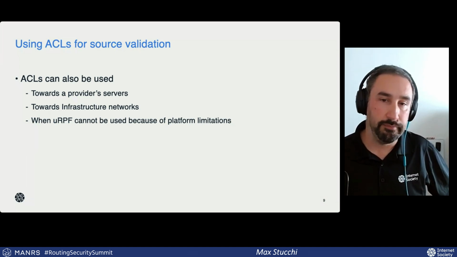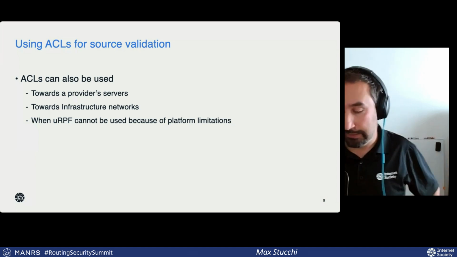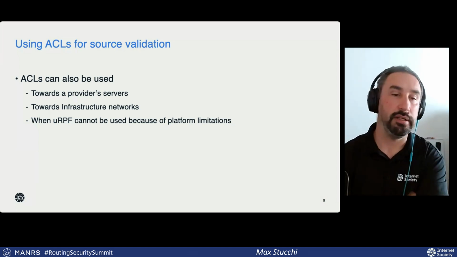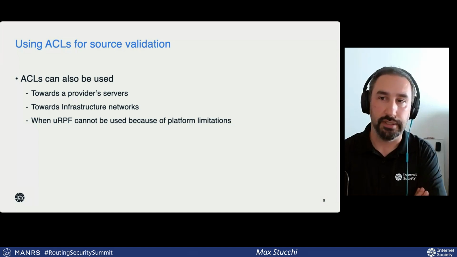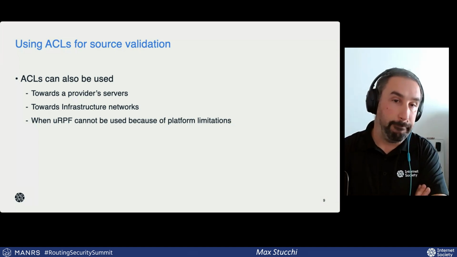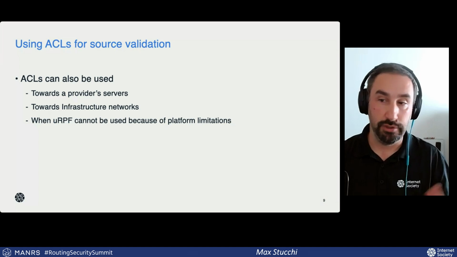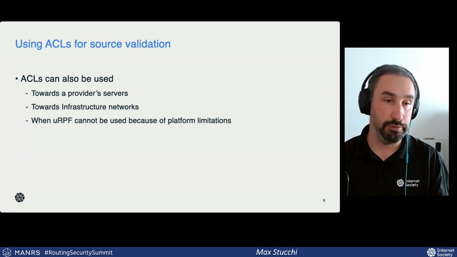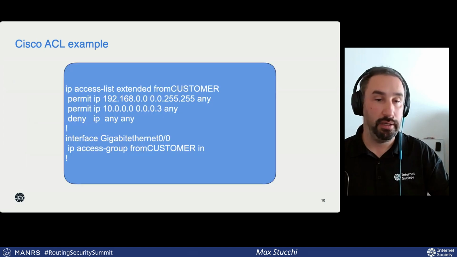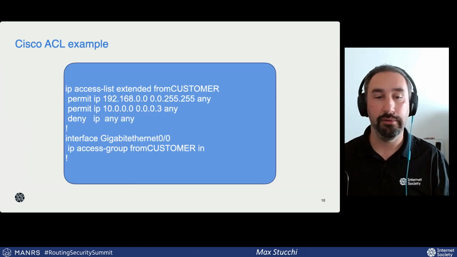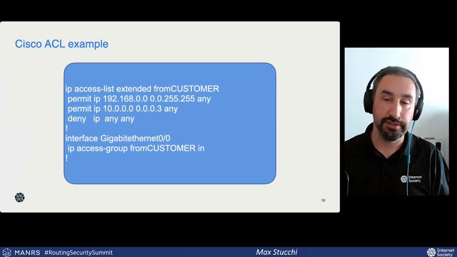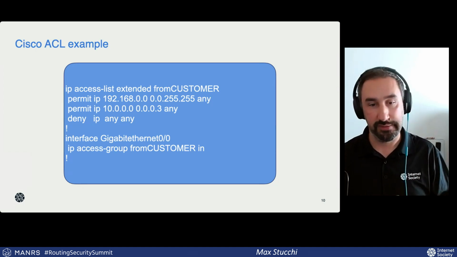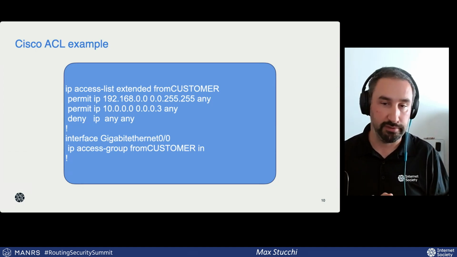This was basically an idea that came up in the early stages, well, before even RPF was invented, because there was no such advanced feature as RPF. So you would apply just an access list saying, I only allow and permit certain source addresses coming on that interface. And then you apply that ACL to that interface.